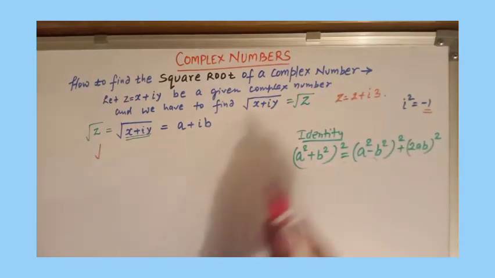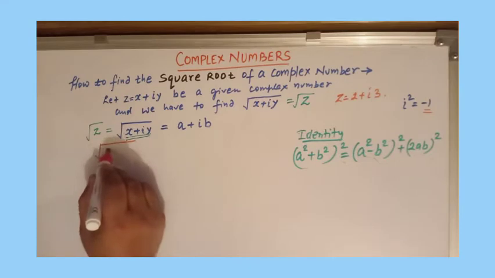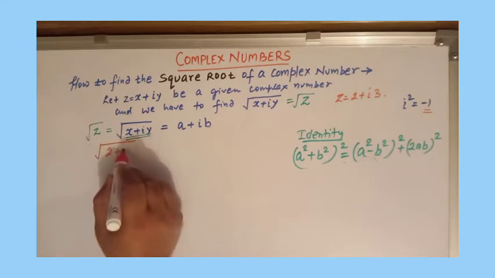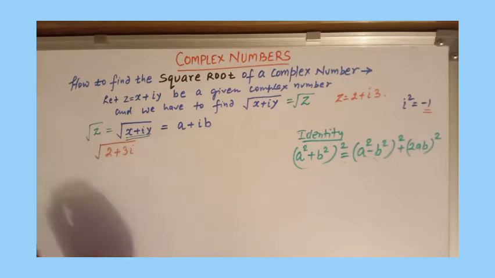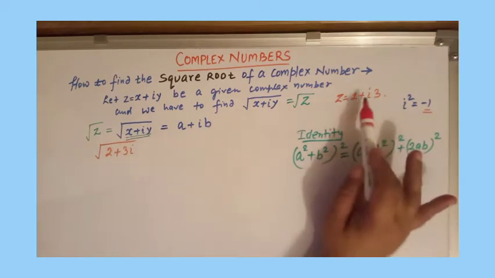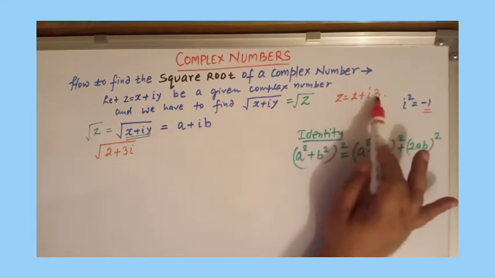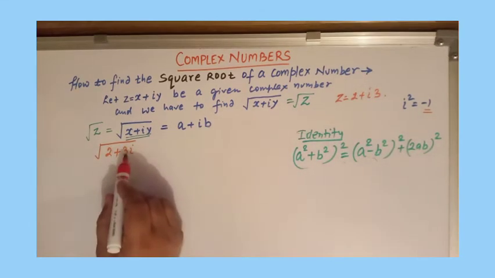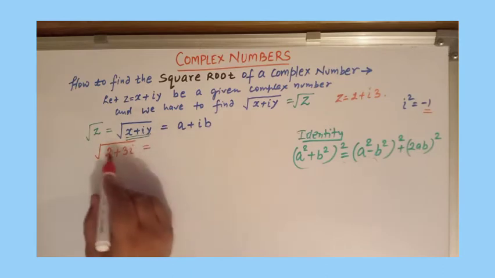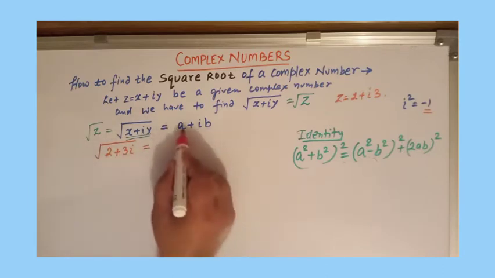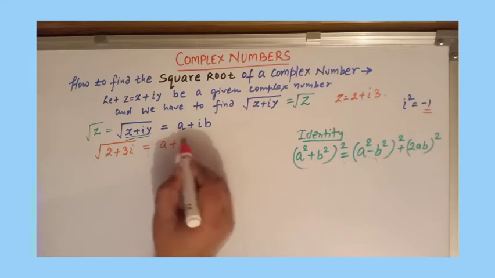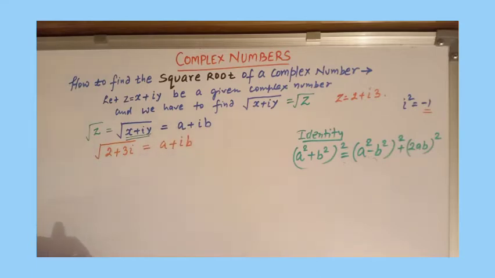Clear? Or we can write it as 2 plus 3i. Clear? So we have to find the square root of 2 plus 3i, and suppose the square root of 2 plus 3i is equal to a plus iota b. Clear?